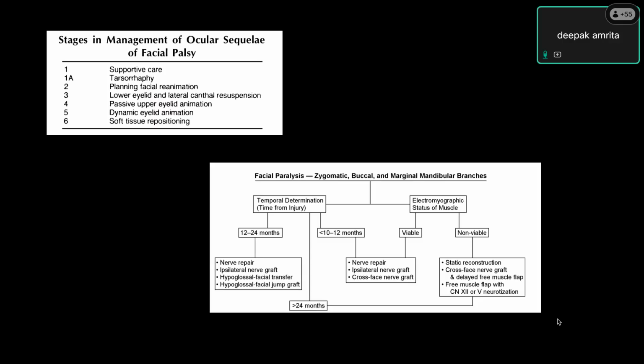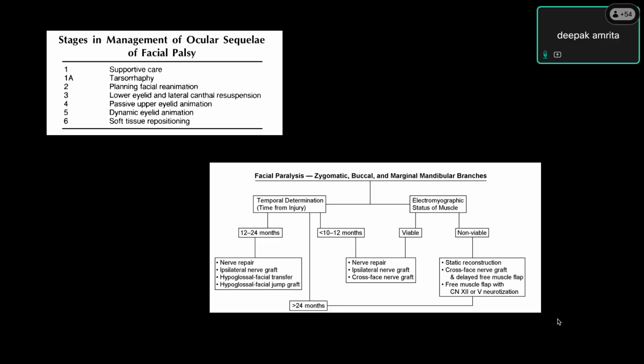The important thing is in old people, you have to correct the lower lid ectropion also. That is done by a canthoplasty and canthopexy. You can do a passive upper eyelid animation with gold weight. You can do a dynamic eyelid animation with temporalis transfer. And soft tissue repositioning is not done very commonly.